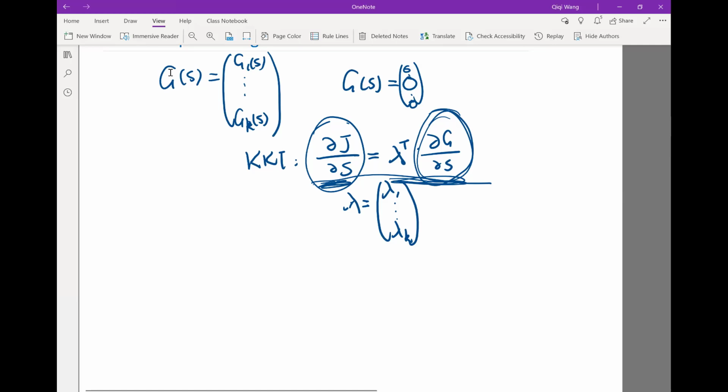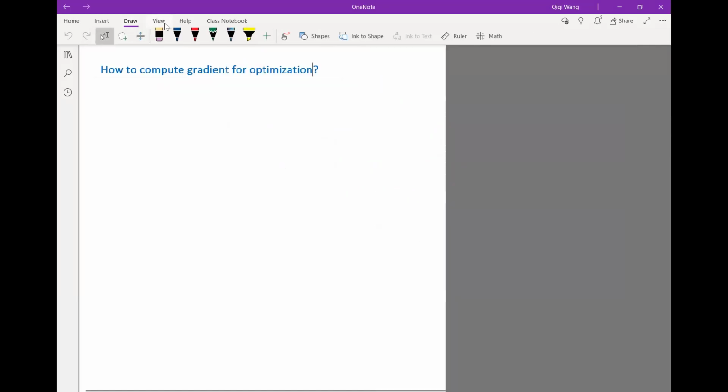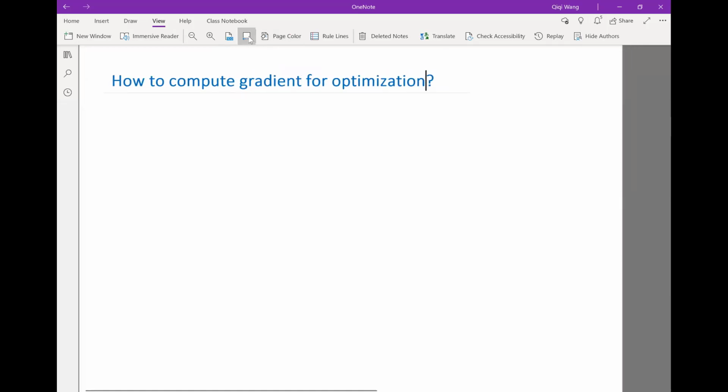Right? So this prompts us to really look into how we compute all of these gradients.